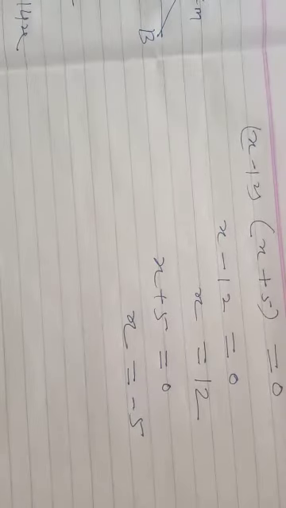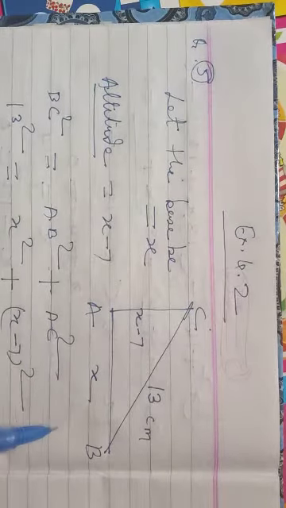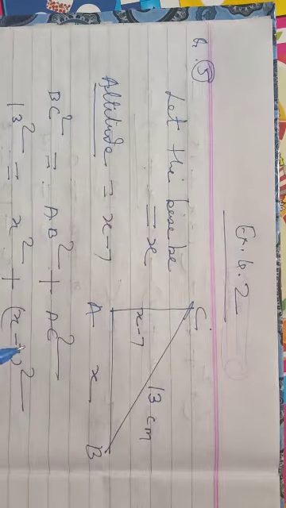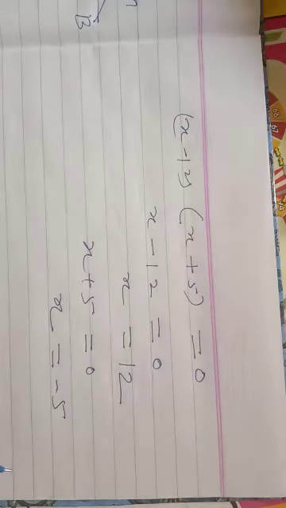Now you should decide here which value we should take, which is negligible or which is admissible here. We know in the right angled triangle, AB, AC or BC, these are the sides, it means lengths, and length should always be positive.